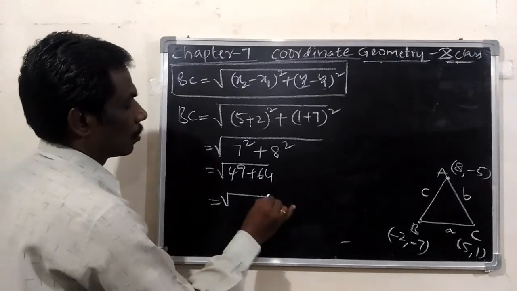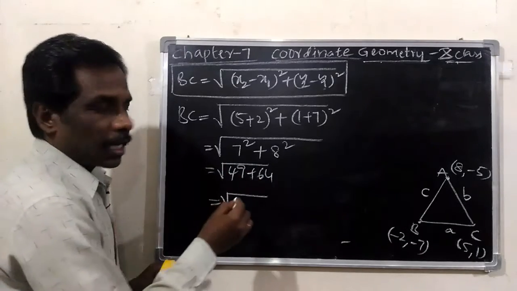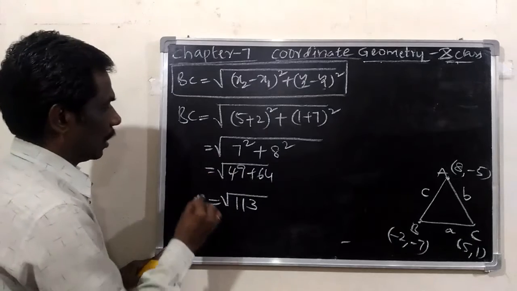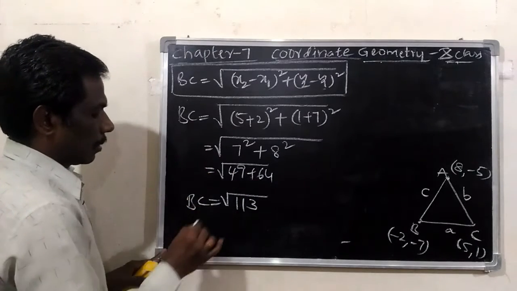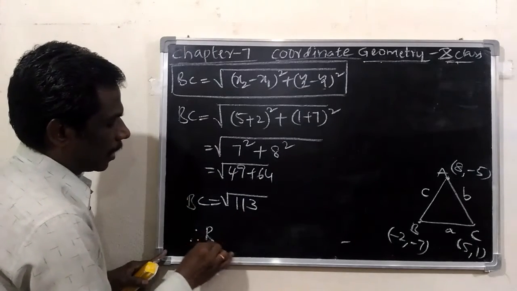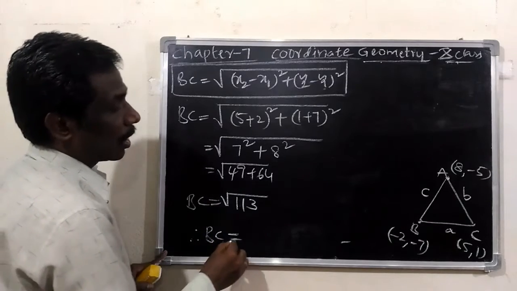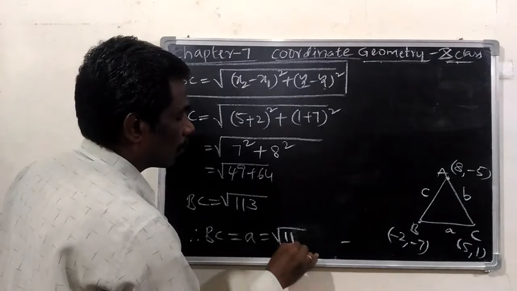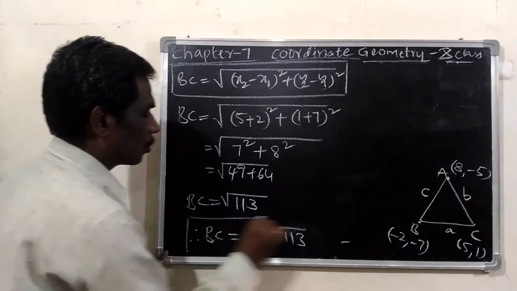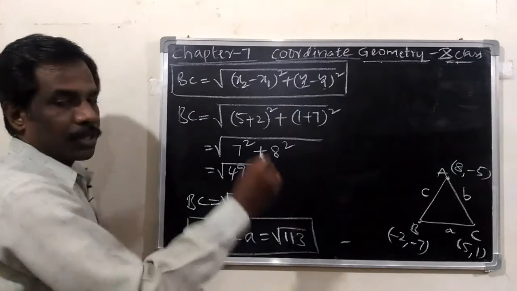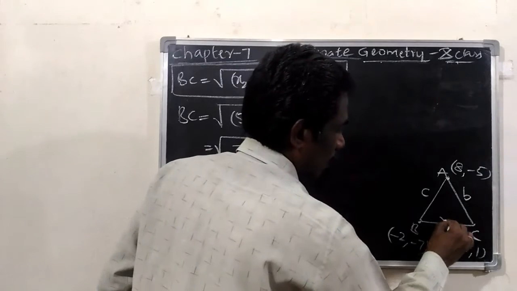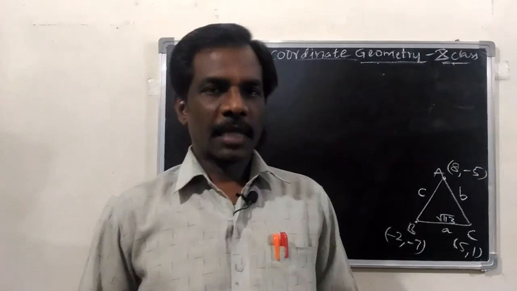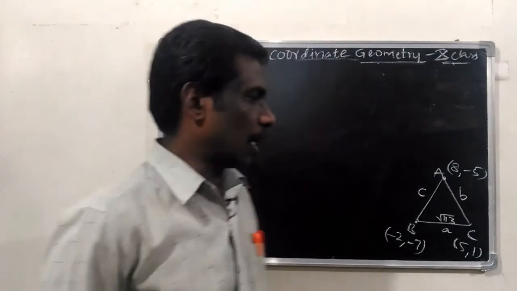Adding 49 and 64 gives 113, root 113. Therefore BC, which is a, equals root 113. Next we need to find the b value.